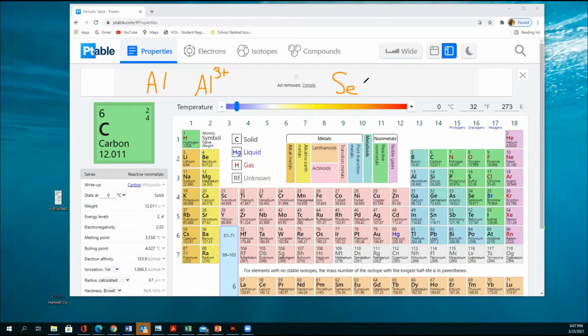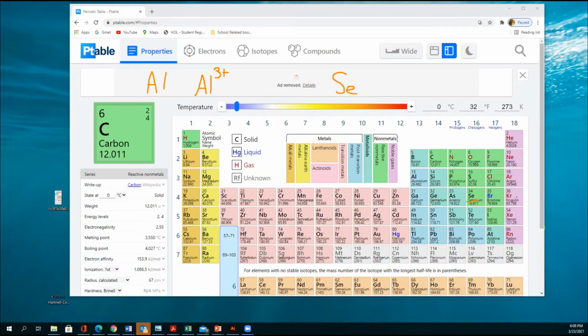What about selenium? Would it be 6 plus? It's going to be gaining. How many? Selenium's right here, so it's going to want to be like krypton.